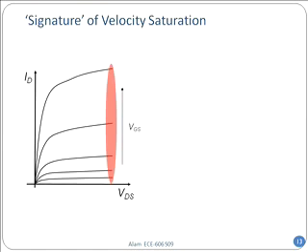So let's look at how one would know that you are in a velocity saturated regime. If you look at IV characteristics, if it goes as a square of the Vg minus Vth, that will tell you you are in the long channel regime.